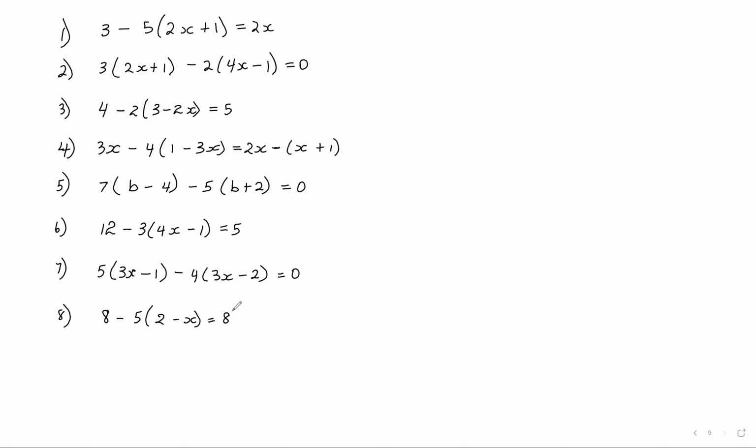Good job, girls. So the solution would be, number 1, it was 3 take away 5 by 2x plus 1 is equal to 2x.